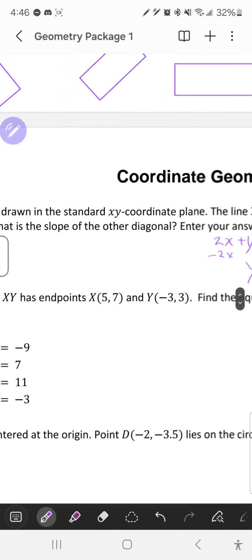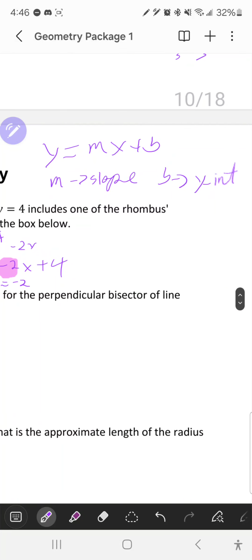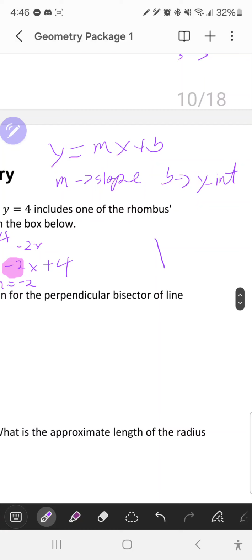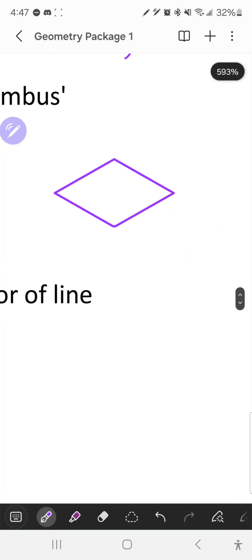And a rhombus is basically any figure that has four equal sides. So this is a rhombus, but this is also a rhombus with all sides equal, but it doesn't necessarily need to be a square. So this is not a right angle.